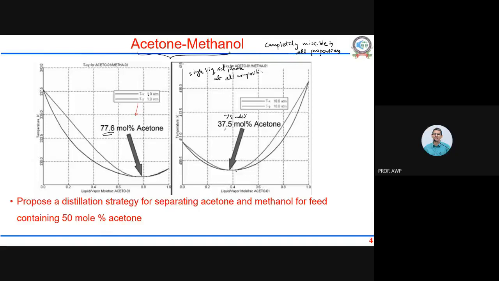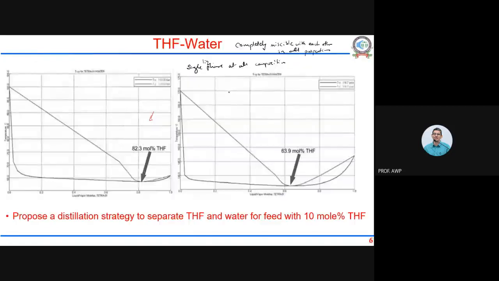Or if it was not 77.6, it was maybe 78 or maybe 85, then we would not have been able to go to the other side of the azeotrope. Even in the case of THF and water, there is a very significant change with pressure. Do you agree with that? So that is one way.